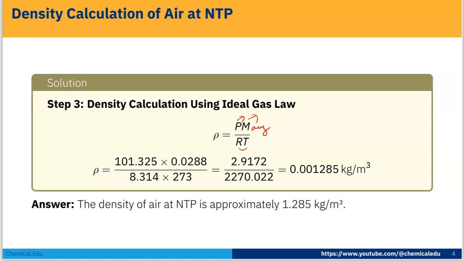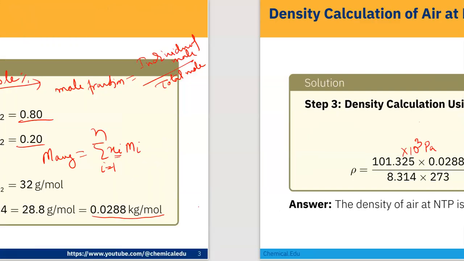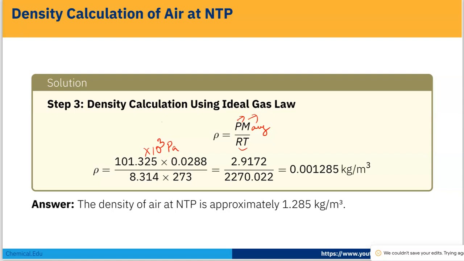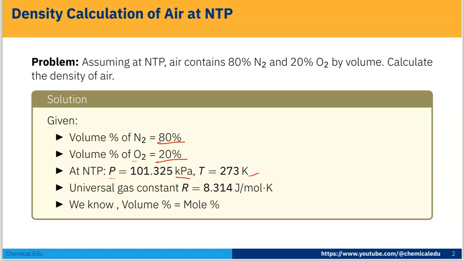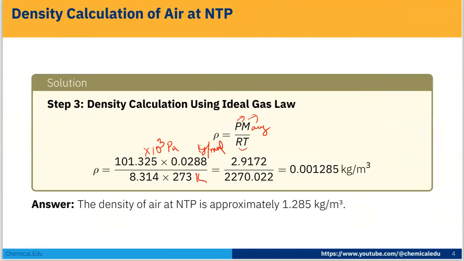Now here, P is 101325 into 10 to the power 3 Pascal, and then average molecular weight, you can see here, is in kg per mole, and universal gas constant, we know that the unit is joule per mole Kelvin, and T is in Kelvin.